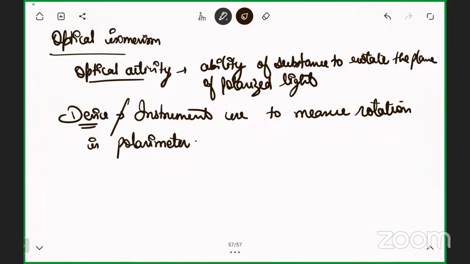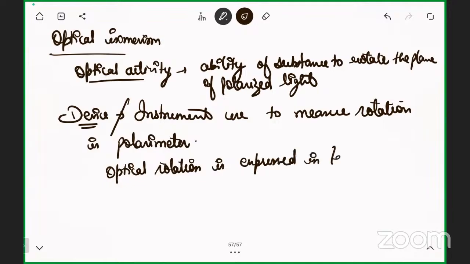And optical rotation is expressed in terms of specific rotation, that is alpha.